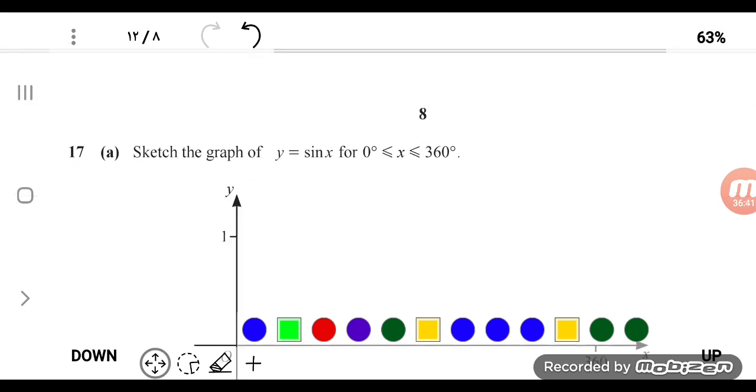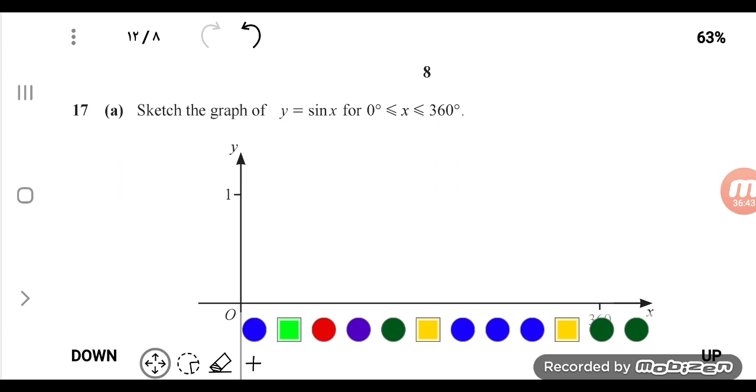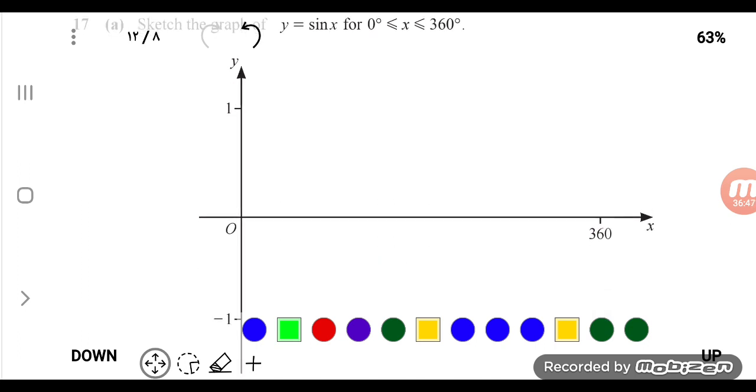Okay, here you have sketch the graph of y equals sine x. In order to sketch the graph of this function, remember what we said? We divide this distance between 0 and 360 into 5 points. In the middle, you have 180. The middle here, you have 90. The middle here, you have 270.